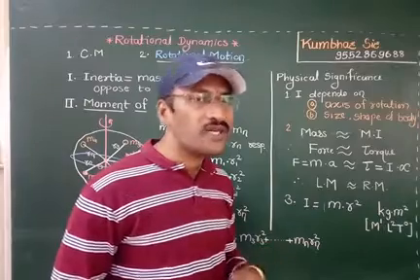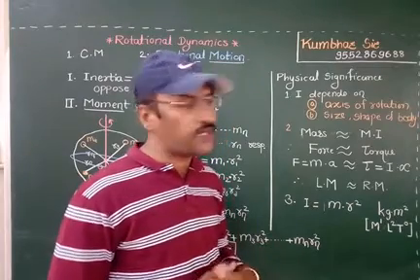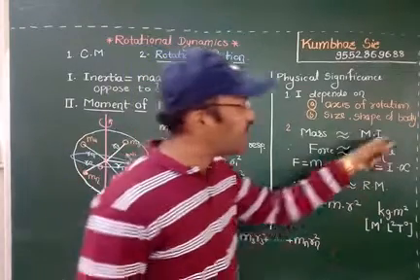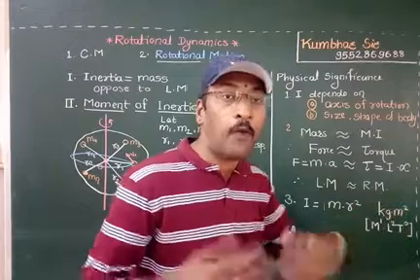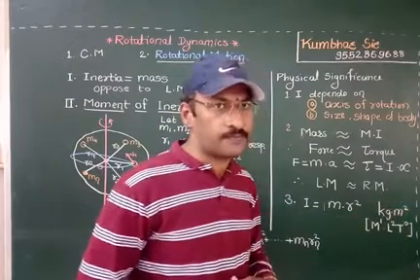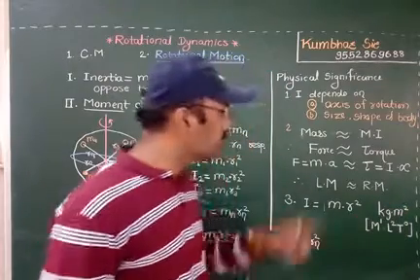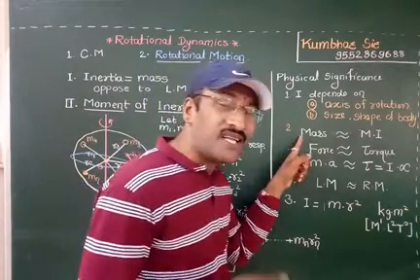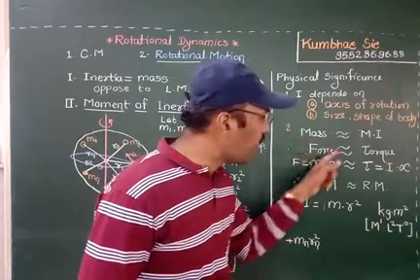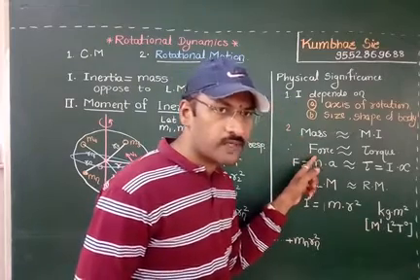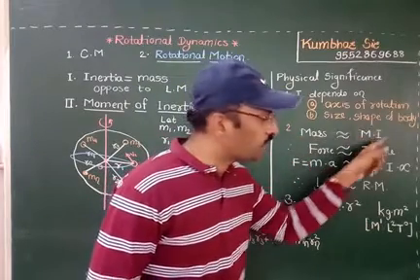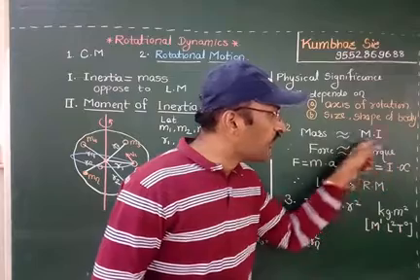The third physical significance of the moment of inertia is, we know that in linear motion there is always mass which opposes the linear motion. But in rotational motion, there is a moment of inertia which opposes the rotational motion. Again, in linear motion there is a requirement of force. In rotational motion, there is a requirement of torque.